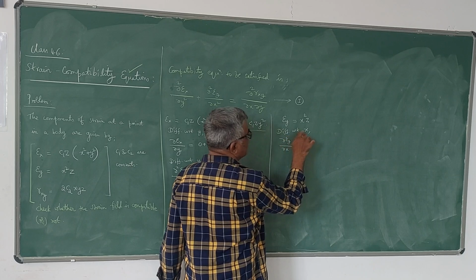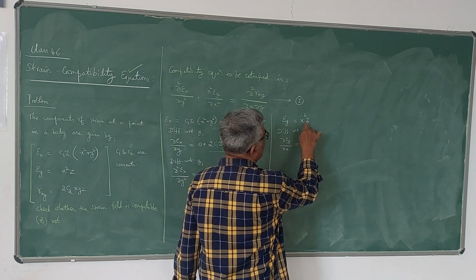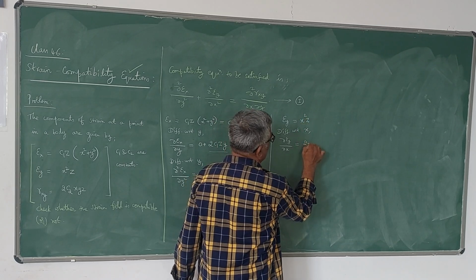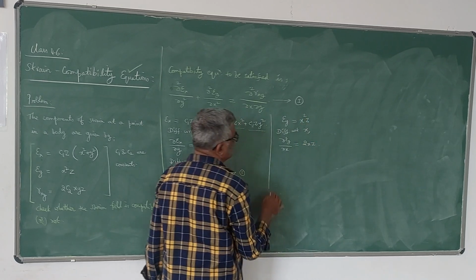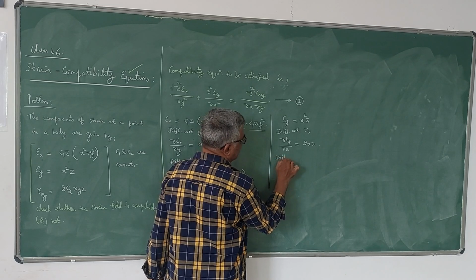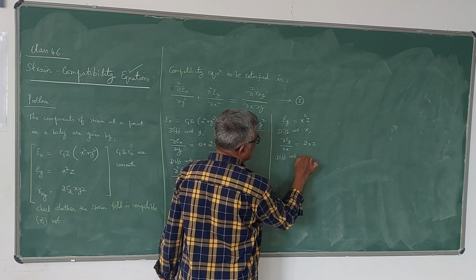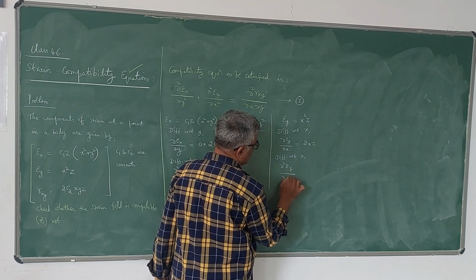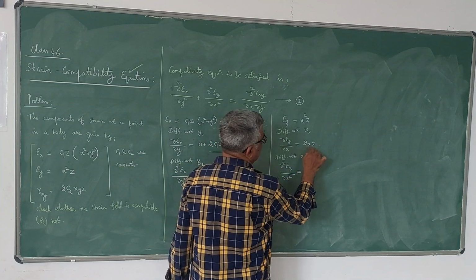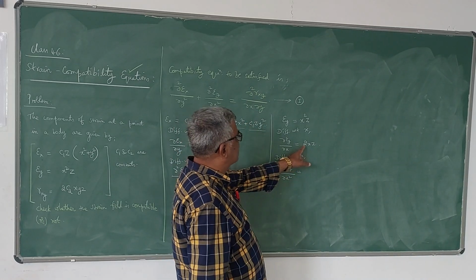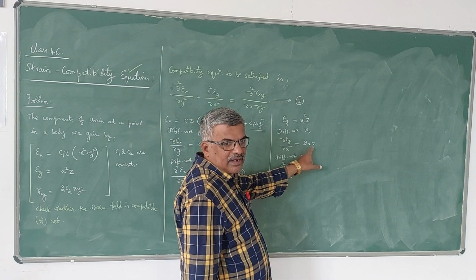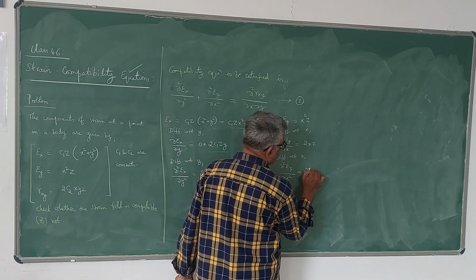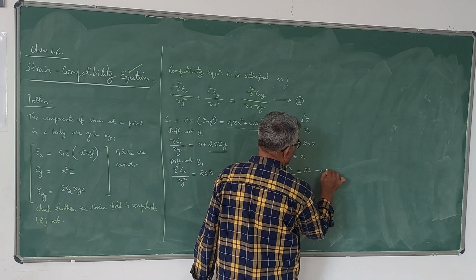Since you are differentiating with respect to x itself, z is constant. The derivative of x square is 2x, so 2xz. Once again differentiate with respect to x, so you get dou square epsilon y by dou x square. If you differentiate this with respect to x, we get 2z into 1, since the derivative of x is 1, so 2z. So this is the second term, number 2.